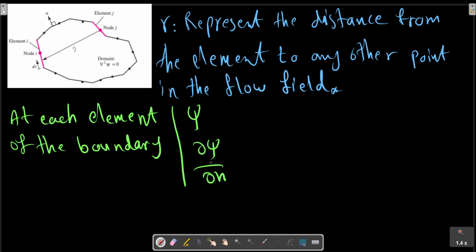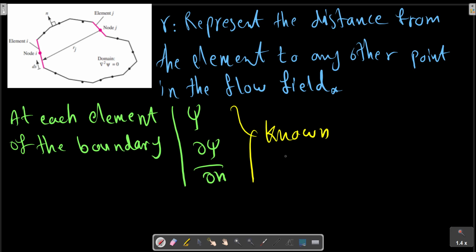The correct strengths psi i are such that these boundary conditions are satisfied at every element.